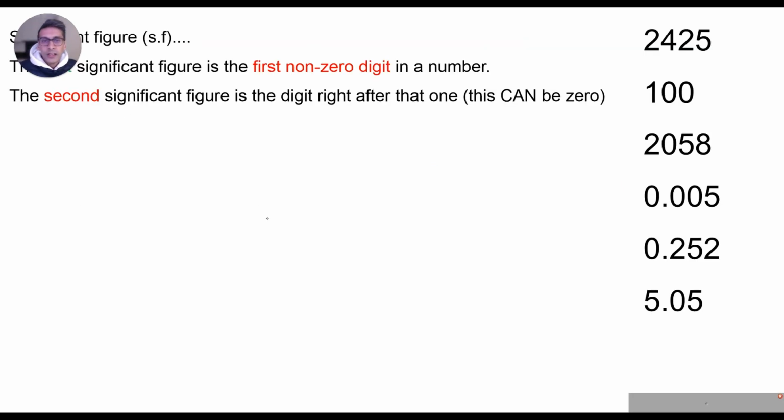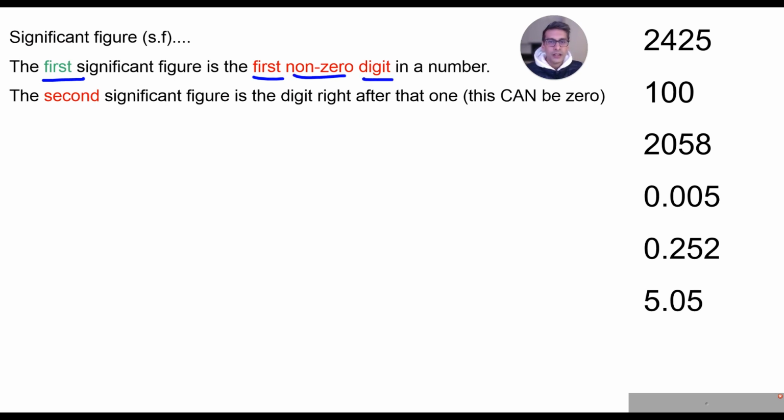So in terms of rounding with significant figures, the first significant figure is the first non-zero digit in a number, and that's really important to remember, and I'll show you some examples in a second. And then the second significant figure is the digit after the first significant figure, and that can be 0.